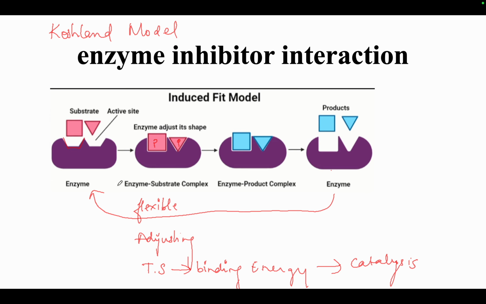So this is the induced fit model, that basically the enzyme is adjusting into the shape of the substrate. This model explains a lot of enzyme substrate and enzyme inhibitor interactions very nicely, so many researchers or enzymologists follow this induced fit Koshland model.